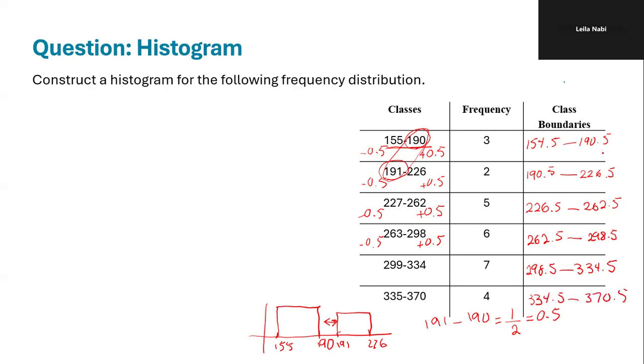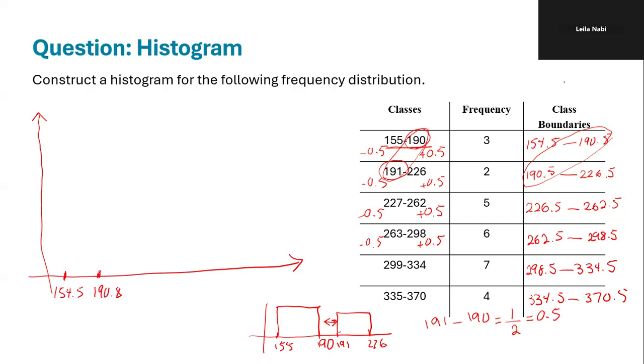Now, if you look at the classes, you see there are no gaps between the first and the second class. I can create the histogram. So I will have 2 axes. Again, I put the class boundaries for each class. The first one is 154.5 up to 190.5.